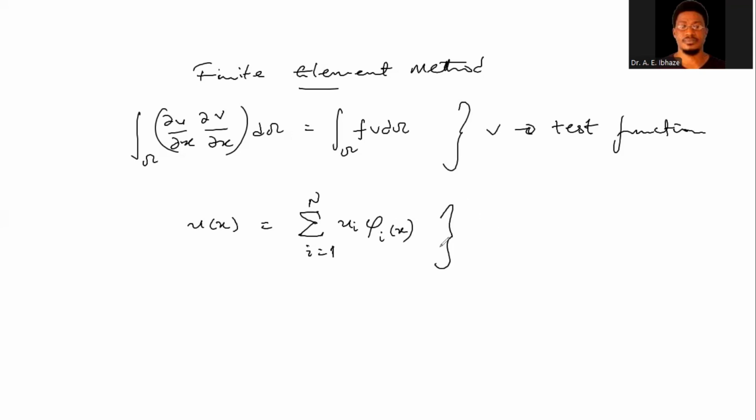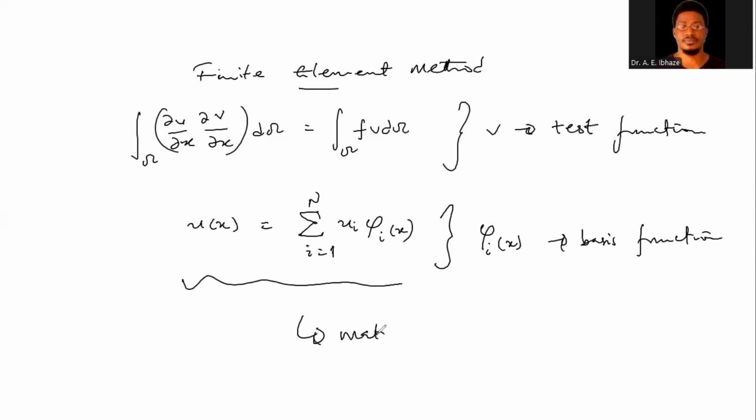And in this case, we have phi sub i to be the basis function. And the resulting system of equations from the discretization process is then solved using the matrix method.